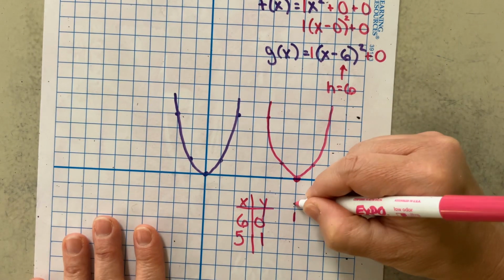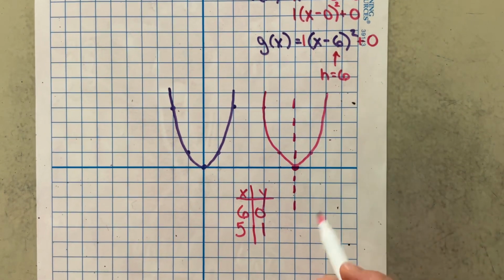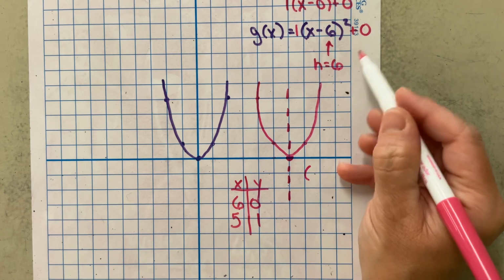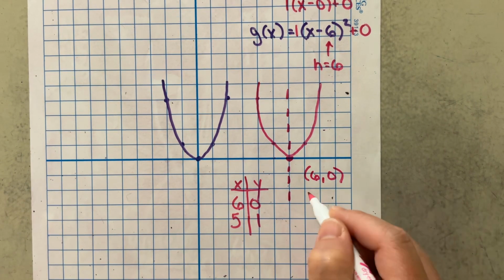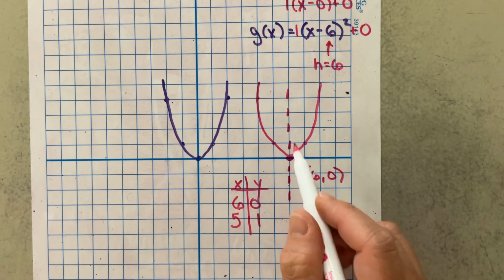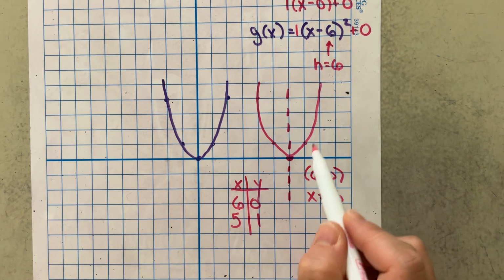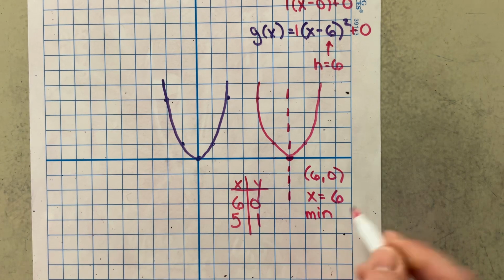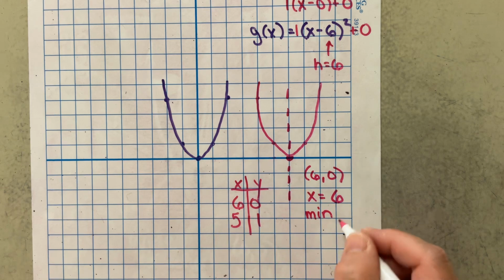So when we have something like this, my vertex is here at (6, 0), because it didn't move up and down. My axis of symmetry is through this x value of my vertex, 6. This is a minimum due to the way it's shaped, and the minimum happens at 0 when my y value is 0.